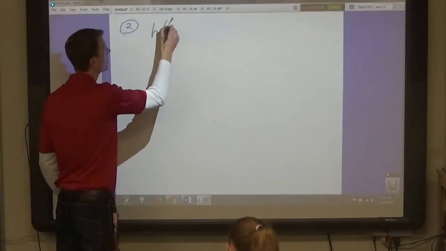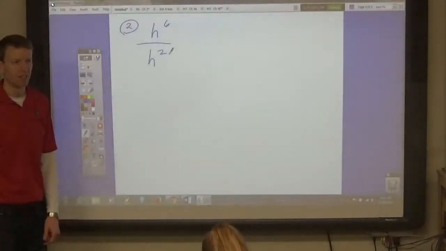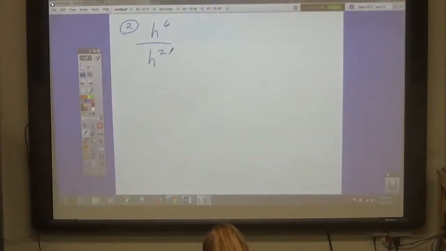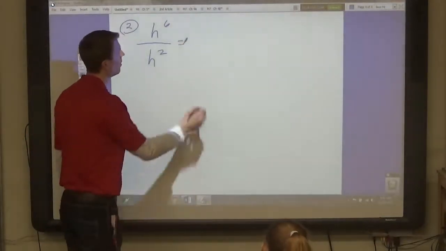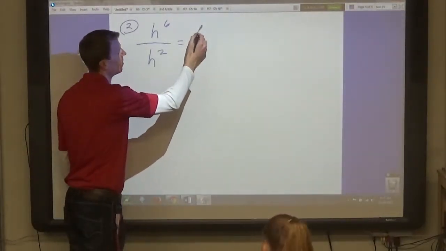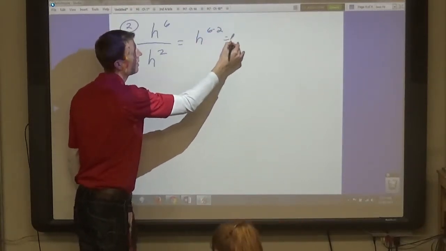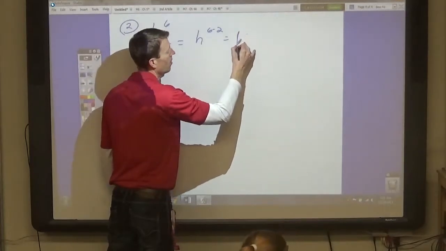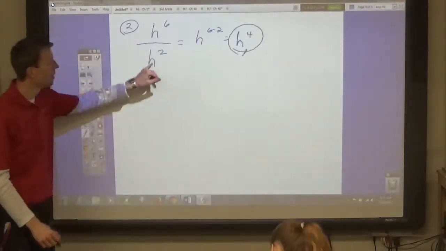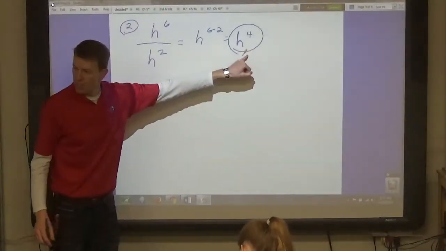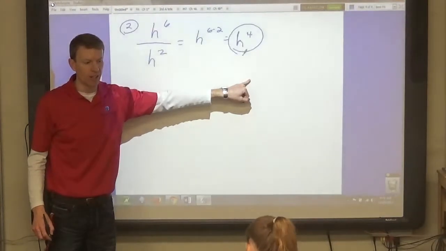H to the 6th power over h to the 2nd power. What does that equal? It equals h to the 6 minus 2, which is h to the 4th. Yep, and now you don't have to write it over 1 because if the denominator is 1, you don't have to write it. Okay?